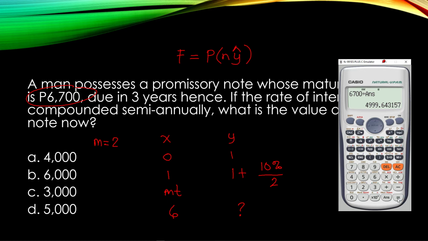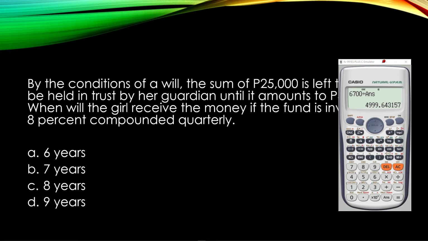Okay? So we have, okay, the correct answer is 5,000 pesos. Ganun na siya kasimple. So no need to memorize formulas or whatsoever. No? So alam lang natin itong concept na to. Yung F is equal to P times ny hat. Okay? So let's proceed to the next question.